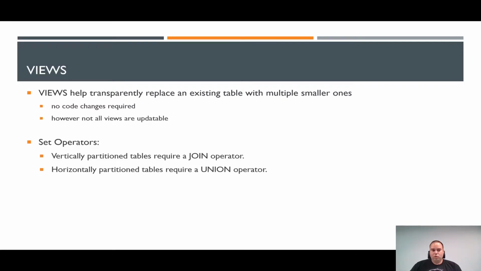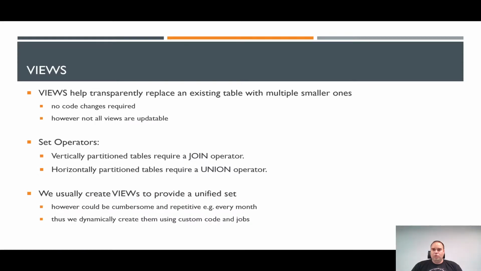We have two set operators that we can use to consolidate partitions together. If we applied vertical partitioning, we need to use a join operator. If we applied horizontal partitioning, we need to use a union.